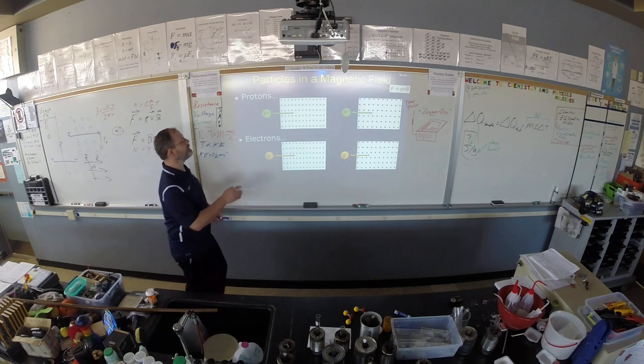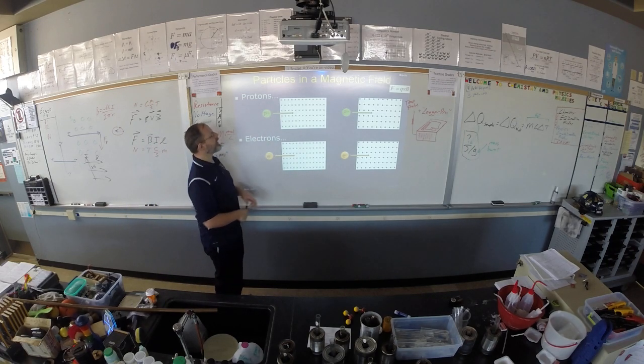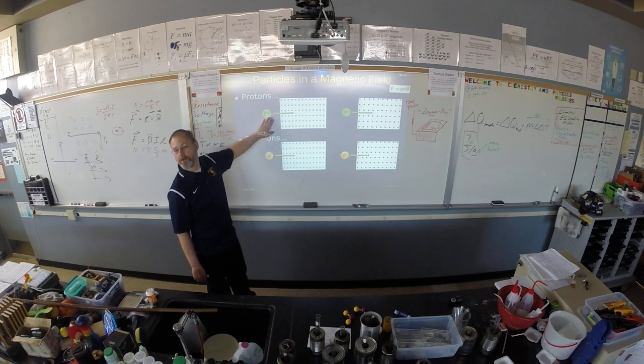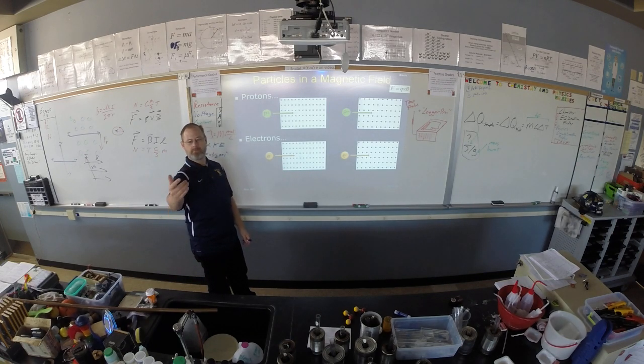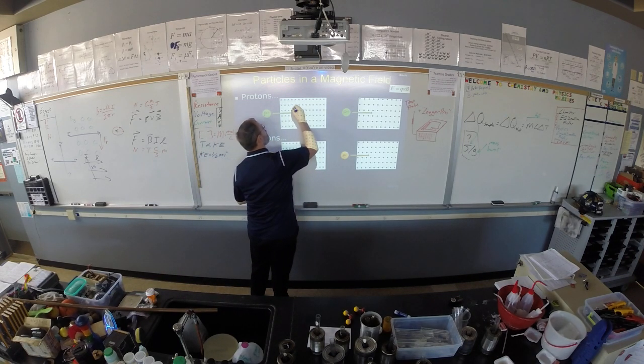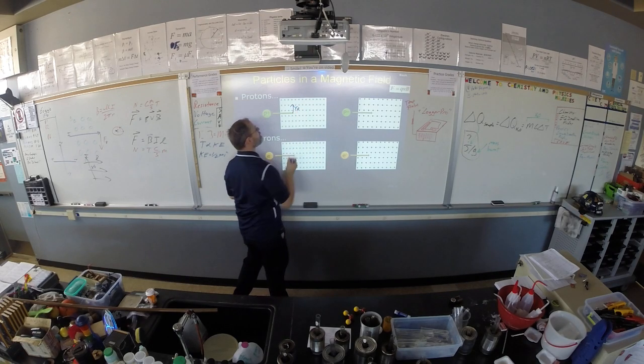With this one, you've got a Z magnetic field, you've got an X velocity, your force is going to be what? Y, up or down. So magnetic field in, velocity this way, positive, it's going to feel a force that is up.